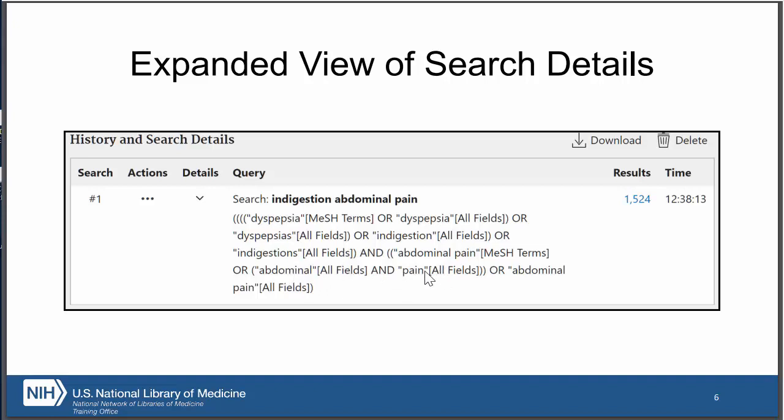So in theory, abdominal and pain may be right next to each other in a citation, but they may not be. And then finally, that is ORed with abdominal pain as a phrase, kept together, searched in all fields, which will bring in the non-Medline and soon to be indexed citations.